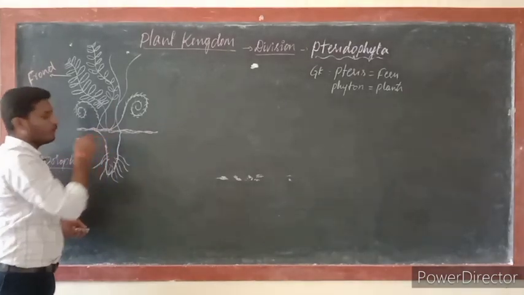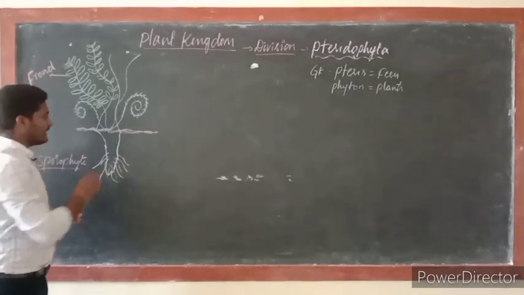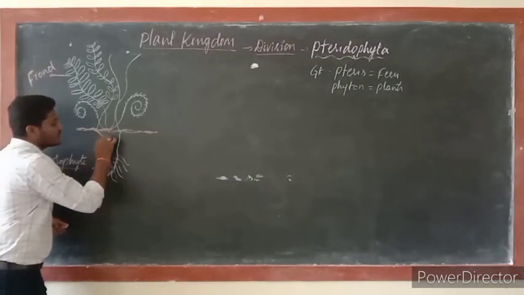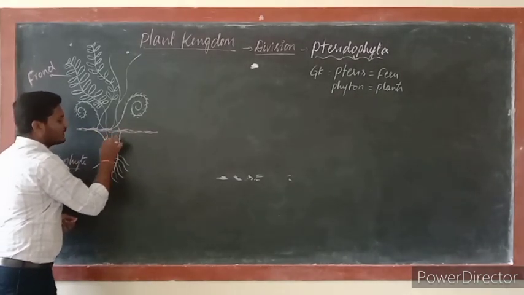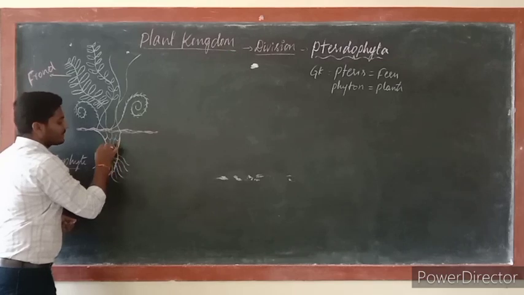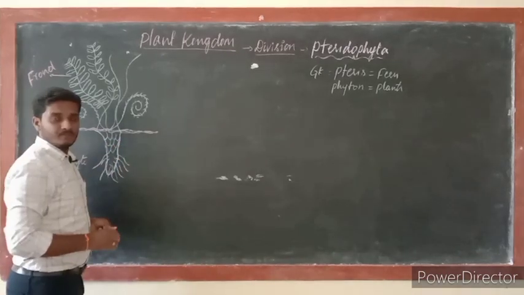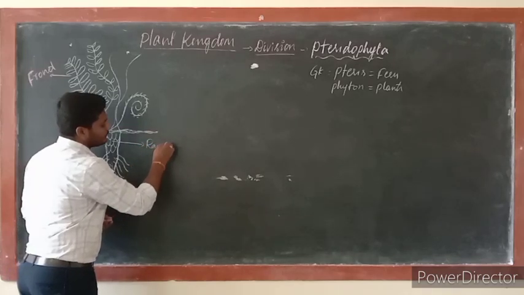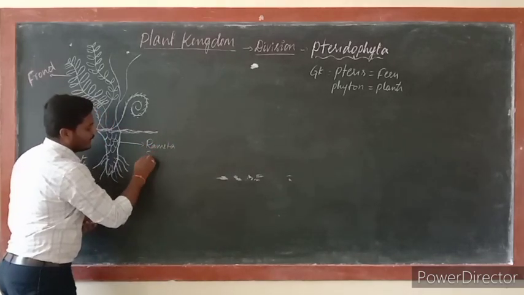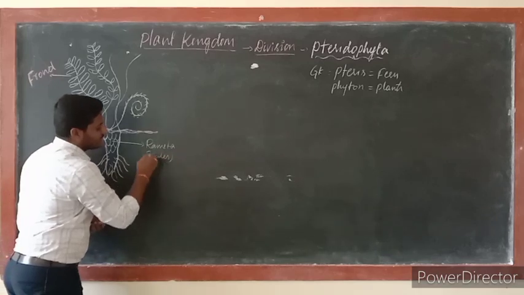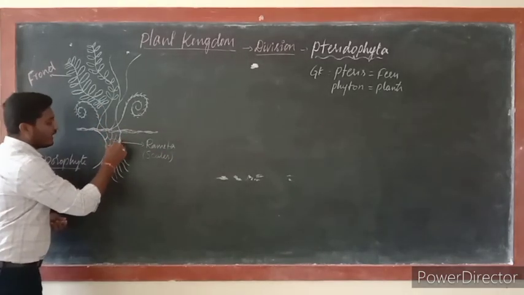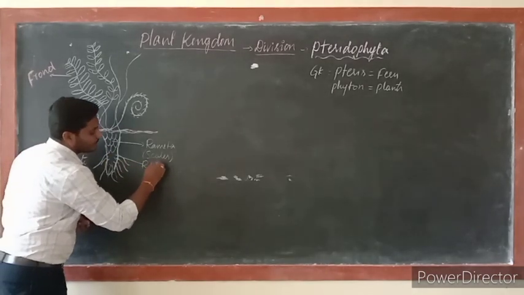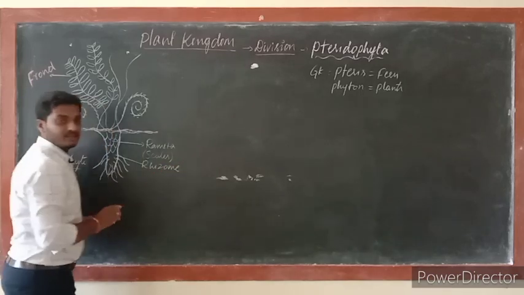In the plant body, the stem is underground. This underground stem has brown colored scales, called ramenta. The underground stem is called rhizome.